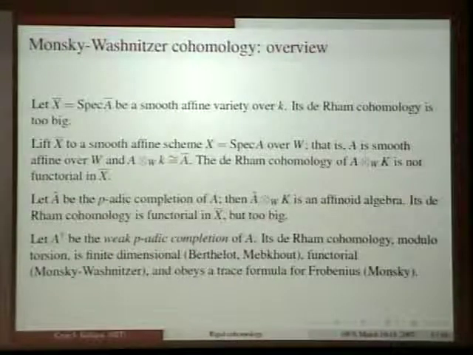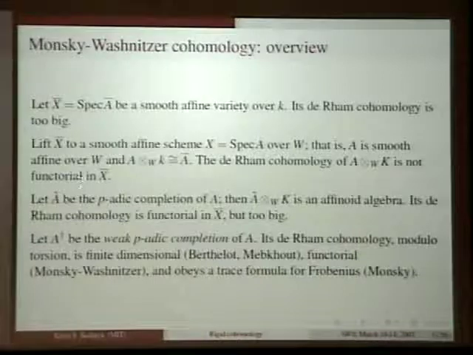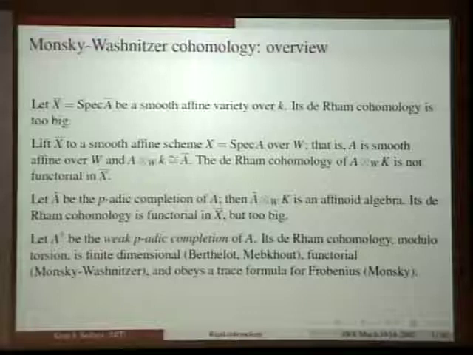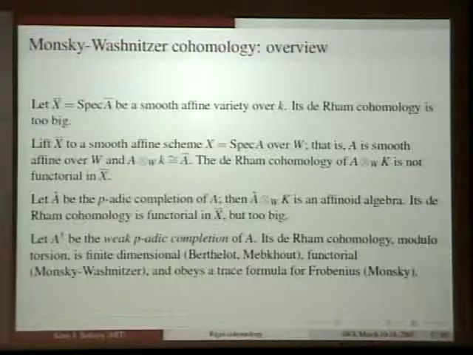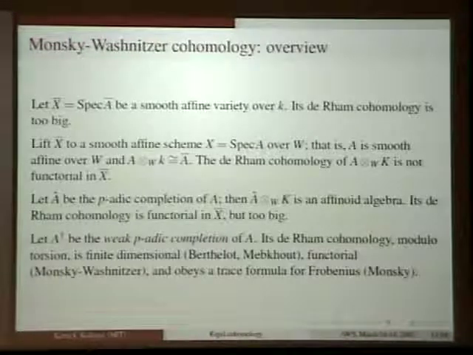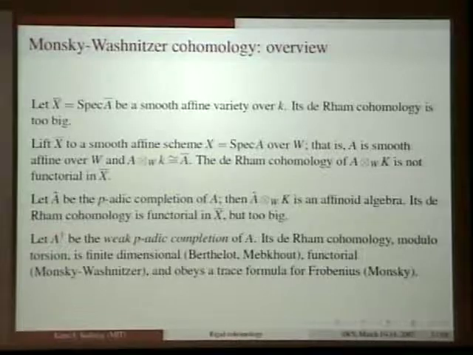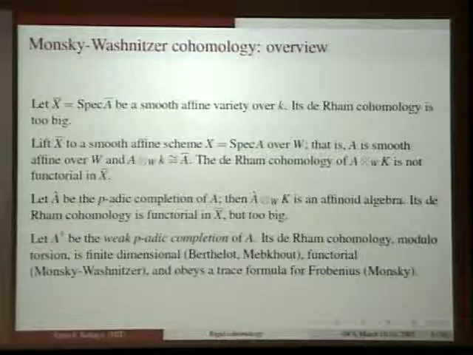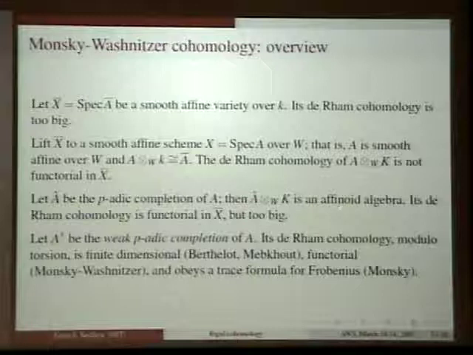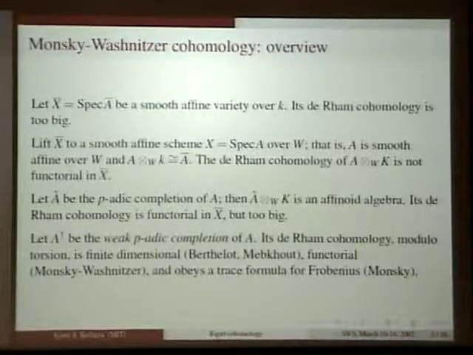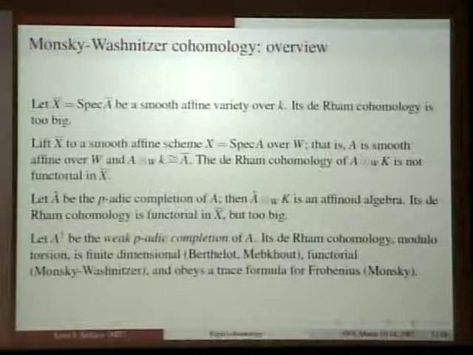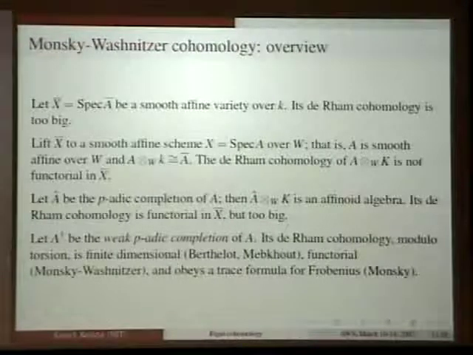And this notion of weak completion gives you something smaller than the full p-adic completion, it's essentially a sort of Henselization, but a sort of useful analytic counterpart of Henselization. It gives you enough functoriality to construct a meaningful cohomology theory associated to things in characteristic p, but it's small enough that you don't get this pathology that I showed for A-hat. You actually get finite dimensional vector spaces for the de Rham cohomology, which was not obvious.